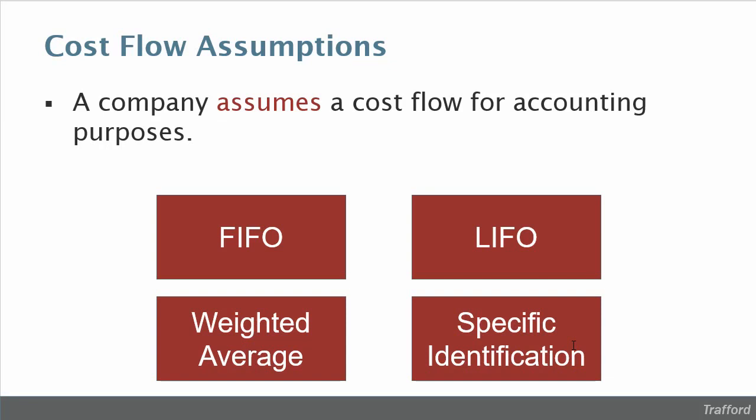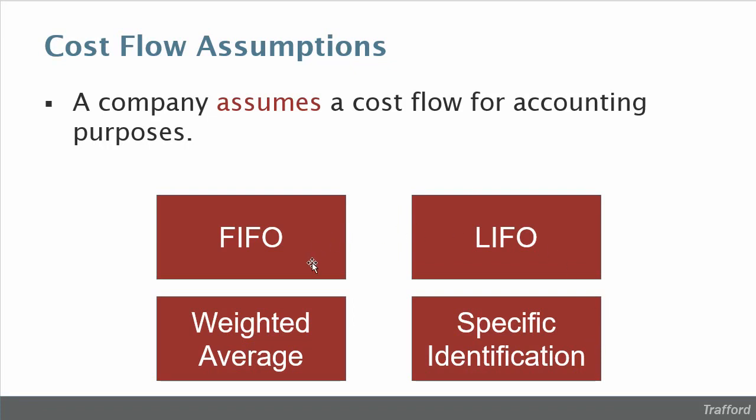So when a company first acquires inventory, it will choose one of these common methods for accounting for the cost of their goods sold. Remember that the choice can be independent of how they actually sell their items.